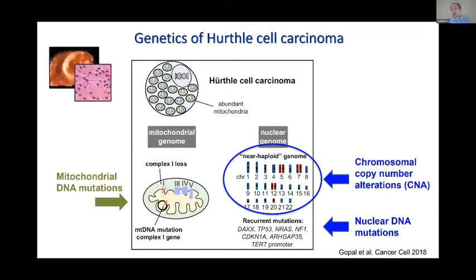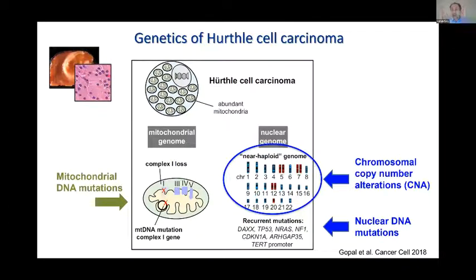type of chromosomal copy number alterations, which is either loss of the entire chromosome, so you see, instead of 2 chromosomes, many chromosomes present in single copies, or presence of 2 chromosomes, but both of them belong to the same allele, either maternal or paternal. So 1 chromosome is lost and the second is reduplicated.